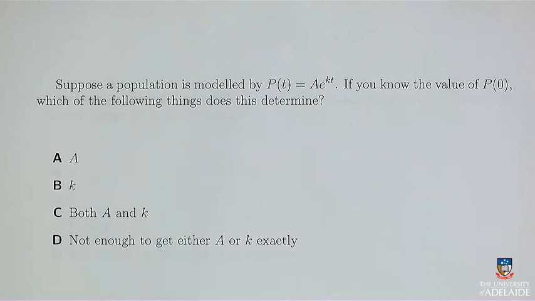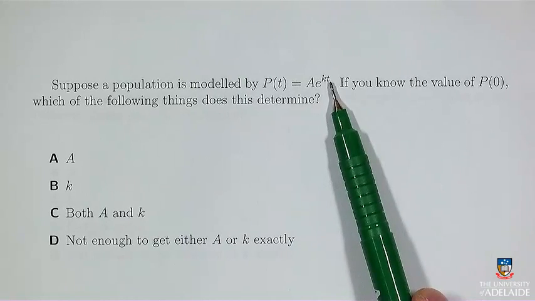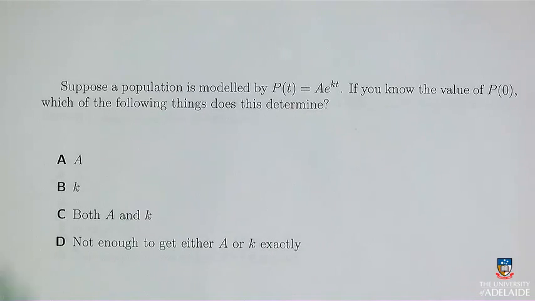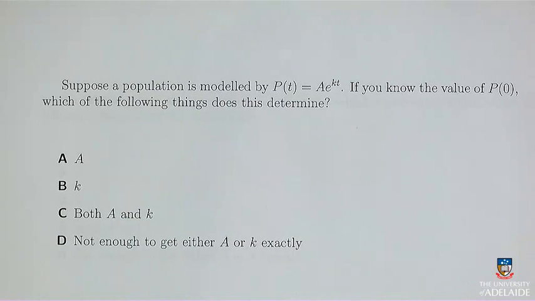Okay, 10 seconds. Answers in. That's pretty much everyone, I think. Let's have a look. Okay, looks like everybody was paying attention because I just showed you before that if you set t equal to 0, this will go away, and you end up with the value of this at 0 is exactly equal to a. So absolutely, it gives you a.